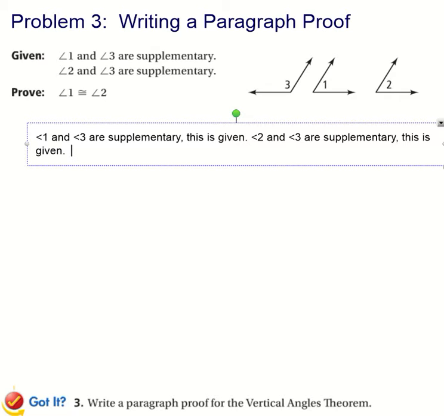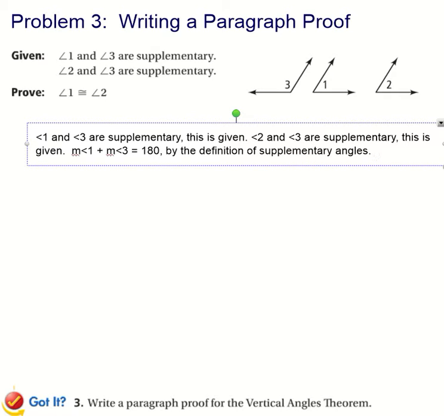And so if these angles are supplementary, we can then say that the measure of angle 1 plus the measure of angle 3 equals 180. And we can say this by the definition of supplementary angles.